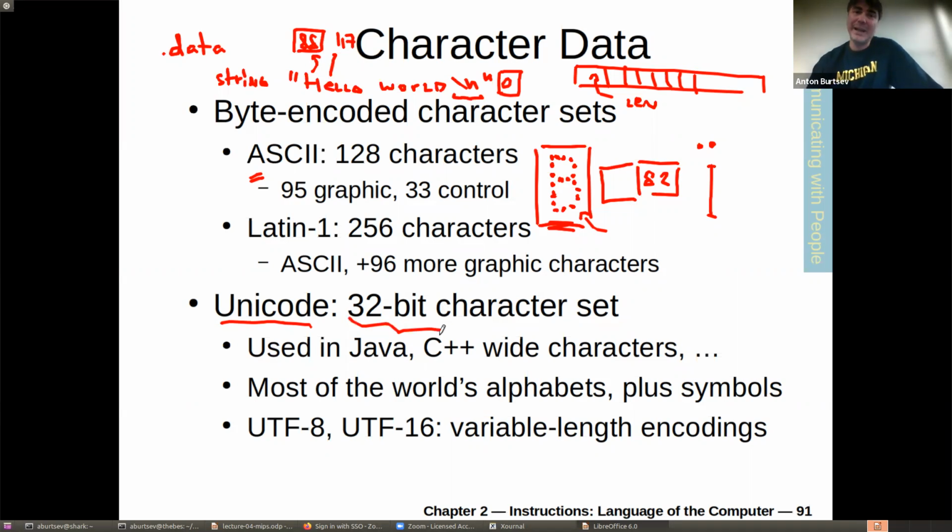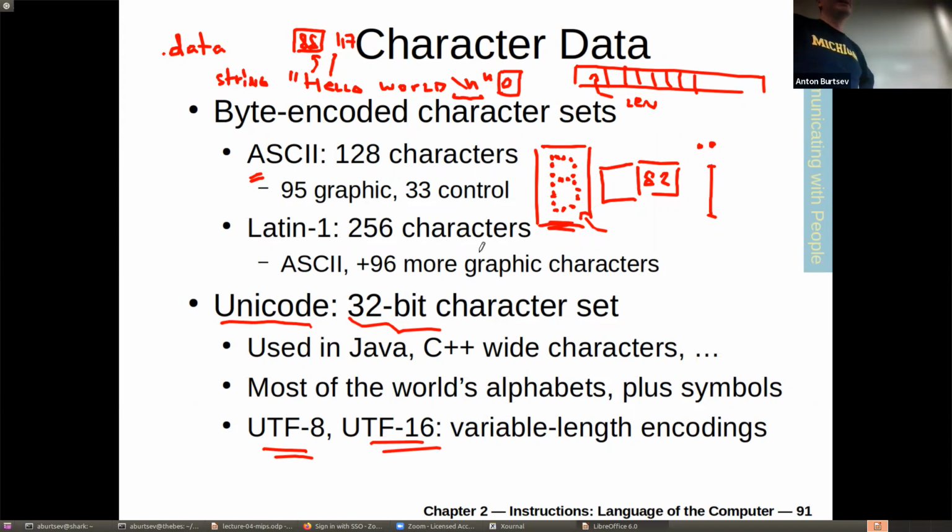When I was reading the book yesterday, it was saying 16. So let me come back on this. I'm pretty sure that there are multiple Unicode standards like UTF-8, UTF-16, and maybe UTF-8 allows you to encode in 1 byte, and 16 means 2 bytes, and maybe there is a 32-bit encoding. So I should admit, I'm not an expert in Unicode.